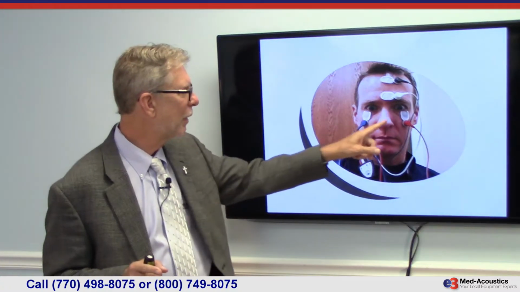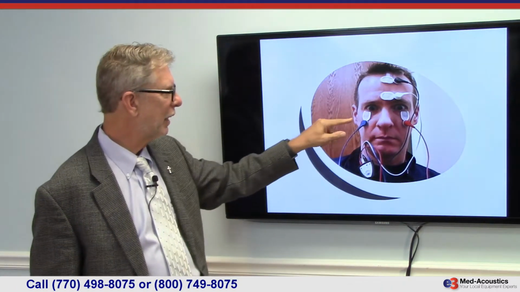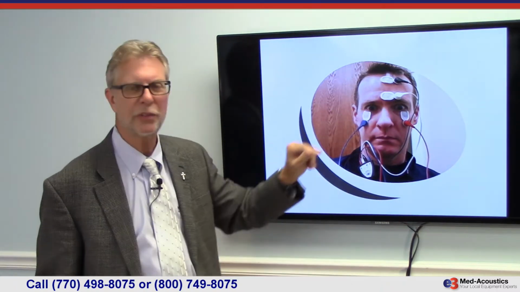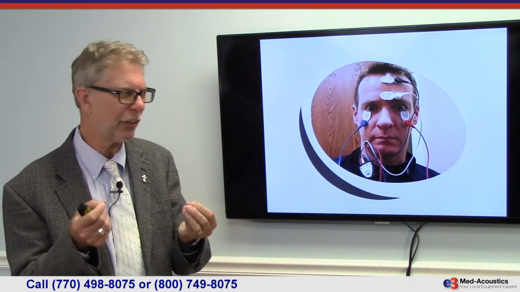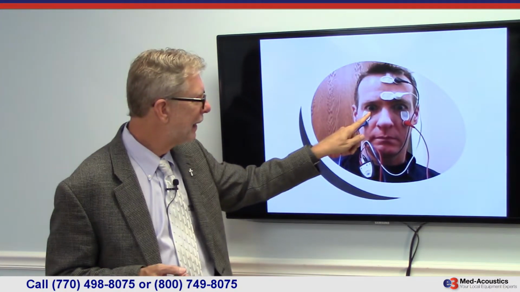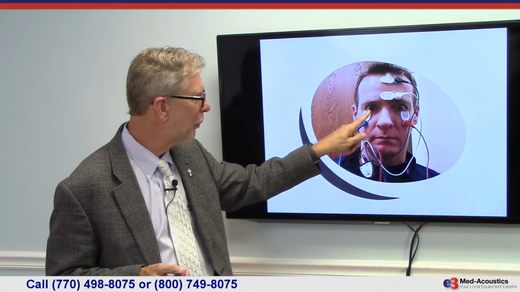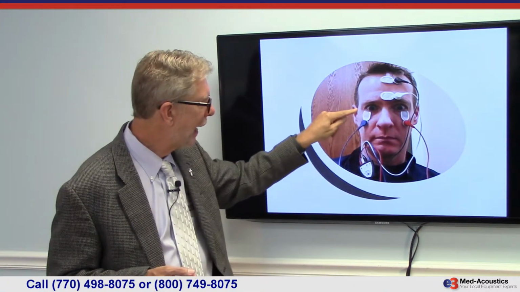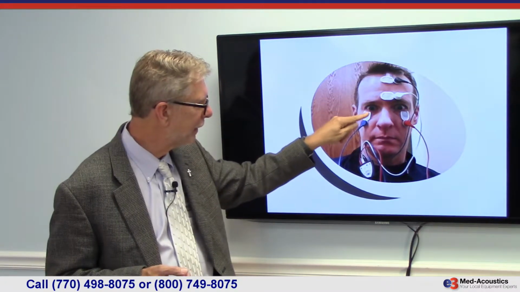Notice I have the two reference electrodes underneath the patient's eyes, and we even cut the electrodes so that we can get them closer, because we want them as close in as possible. And we don't want them right at the bottom. We want it off to the side, halfway between the center point and the end point of the eye, halfway between there. You'll see that.